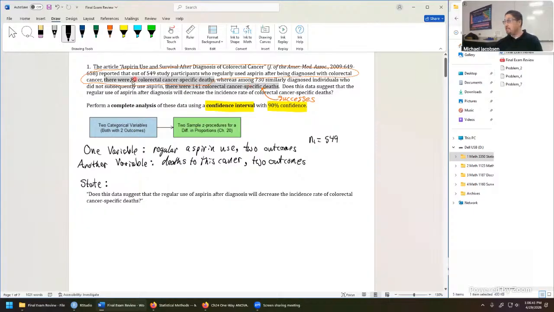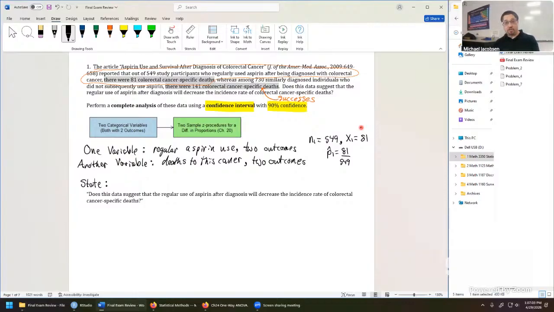So we say x1, the number of successes in the sample, is 81. The statistic p hat 1 is the successes, 81, divided by the sample size, 549. So that's our first proportion.